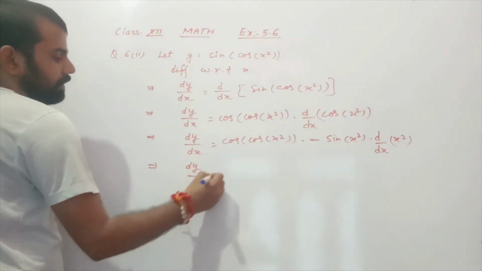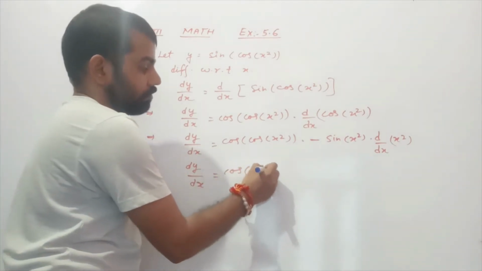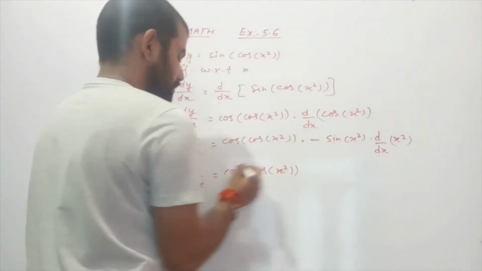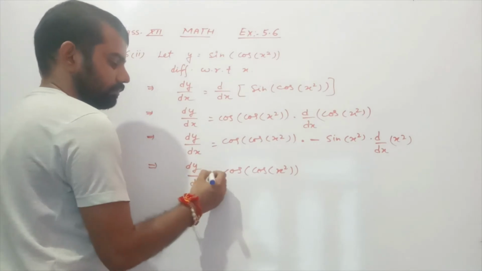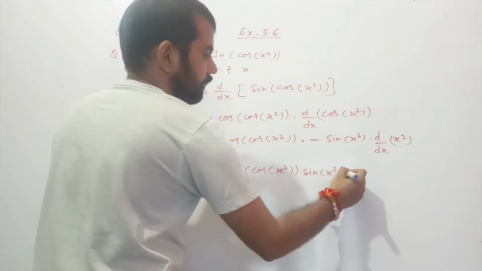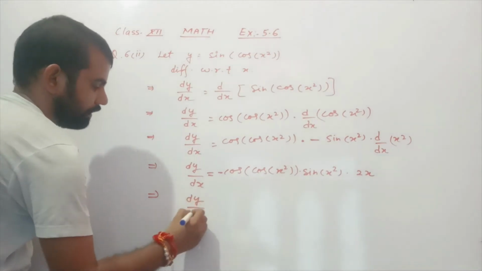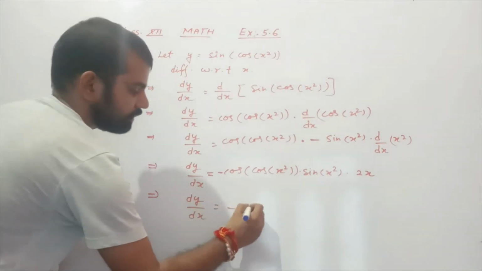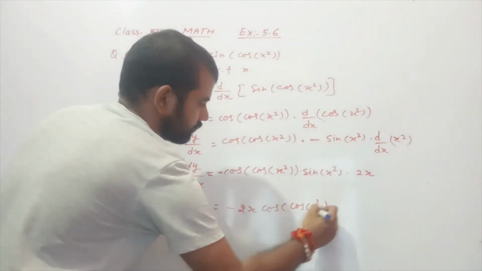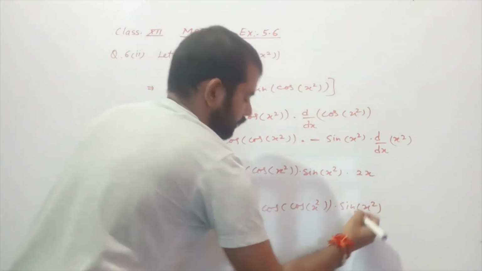So this implies that dy by dx is equal to cos of cos x square, this minus will be shifted here, into sin x square into 2x. Hence the final answer will be dy by dx is equal to minus 2x cos of cos x square into sin x square.